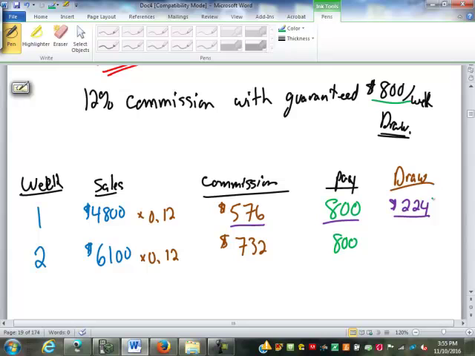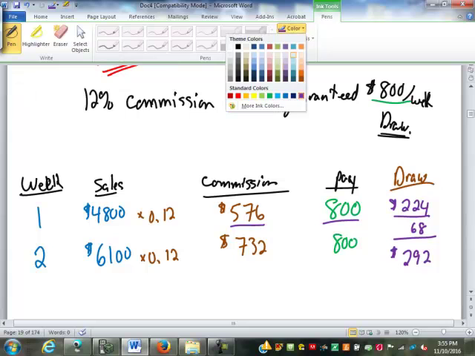Guaranteed $800 a week draw. Well, again, you were paid more than you earned. How much more? Well, if we subtract 800 minus 732, that's $68, right? 224 plus 68 is $292. You have a draw balance of $292.